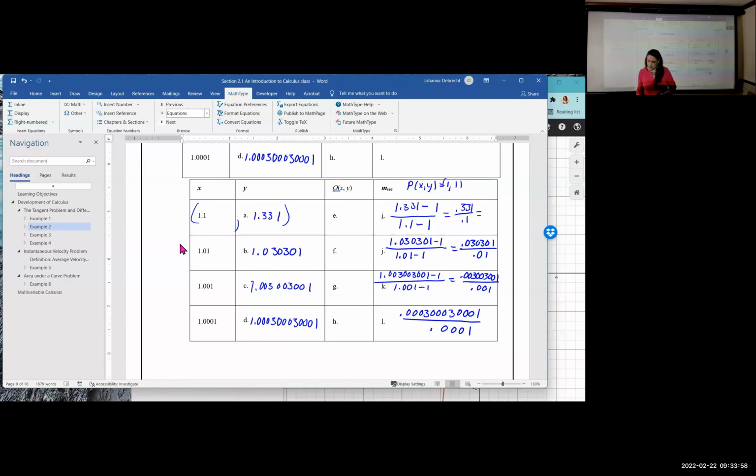All right, so what do these come out to be roughly? 0.331 divided by 0.1 is 3.31, right? What about the next one?